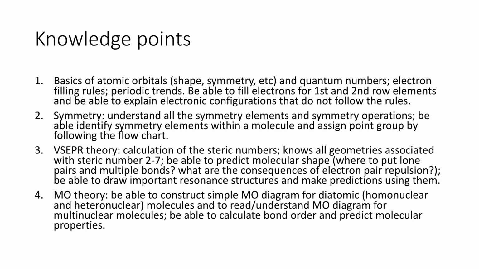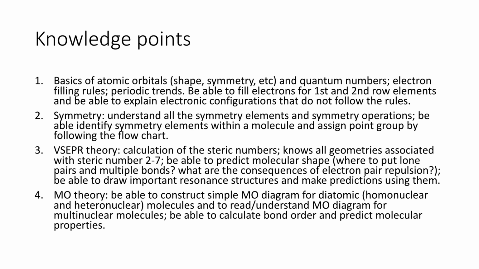In addition to that, you should understand very well the rules associated with electron filling into atomic orbitals. You should be able to predict and sketch the ground state electronic structure of all first and second row elements, and be able to explain certain electronic configurations of transition metals that do not follow the rules.